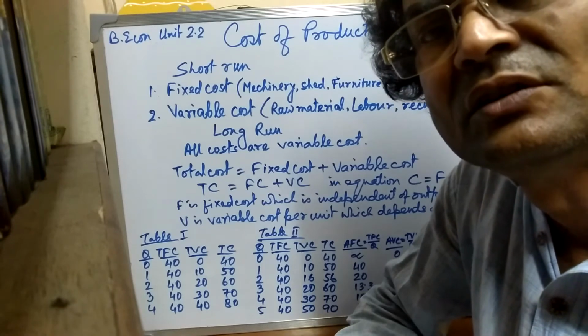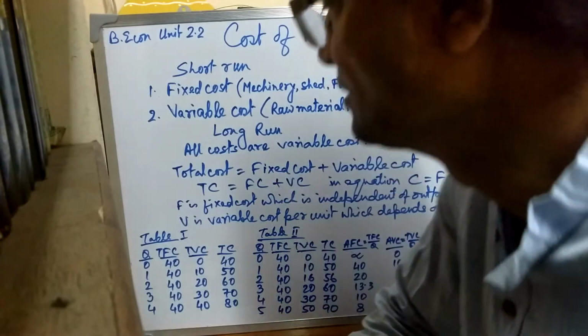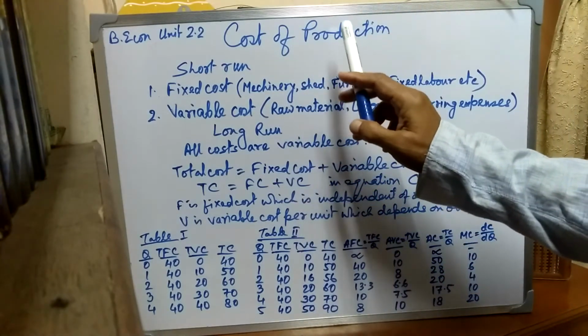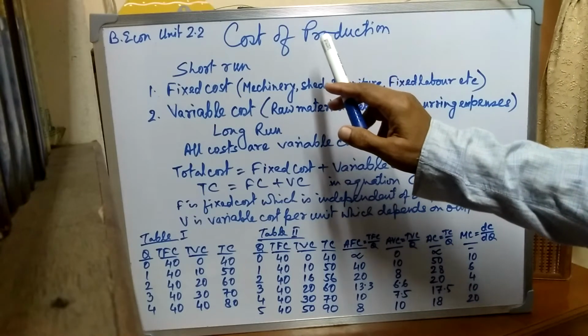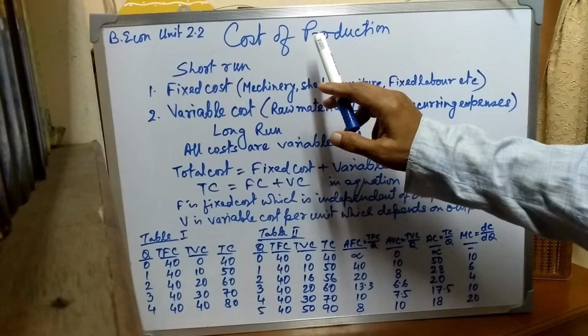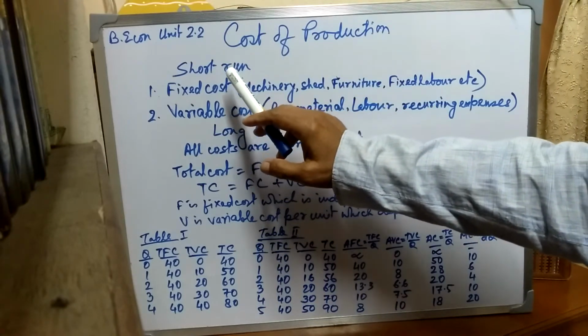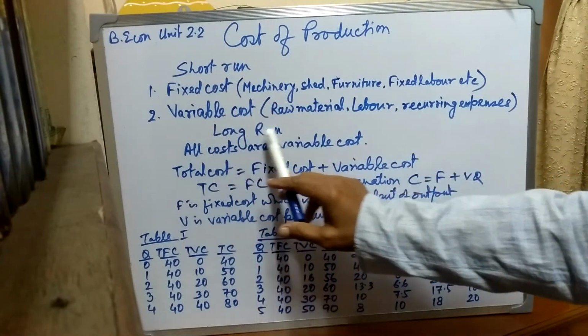At present, we just discuss what is cost of production. Here, cost of production means cost of factors of production. To purchase all the factors, the producer has to incur certain costs, and that is cost of production. We can divide it into two parts: short run and long run.